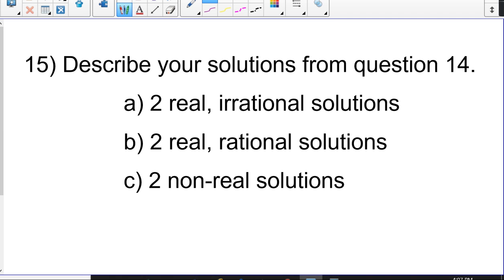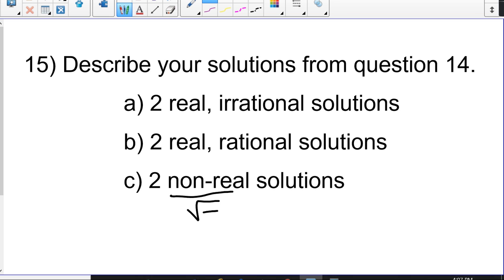Now, I'm going to continue on to 15 because 15 is connected to 14. It says, describe your solutions from question 14. Did we get 2 real irrational solutions, 2 real rational solutions, or 2 non-real solutions? A non-real solution would be if we had a negative number inside the radical. We did not have a negative inside a radical.